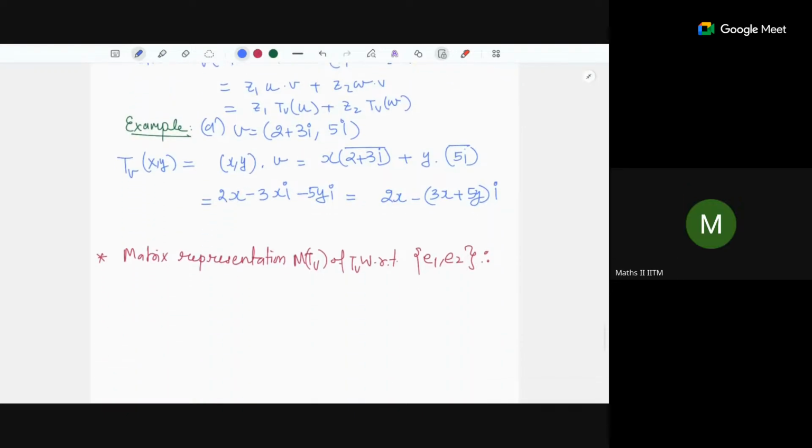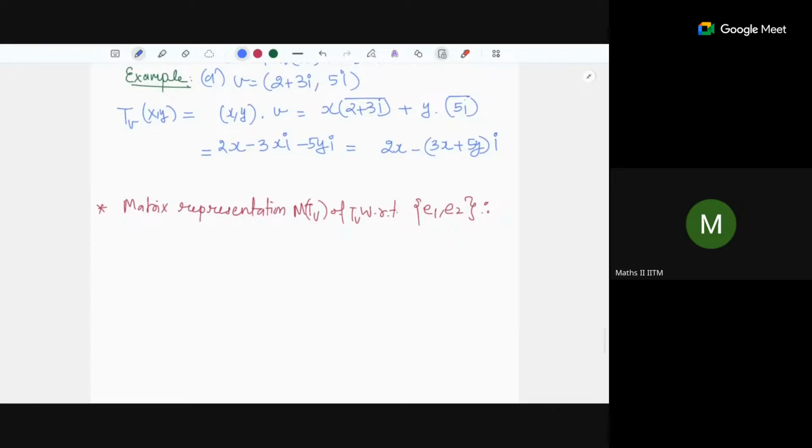All right. Now we have seen that we can represent any linear map by a matrix representation. For that, we need to fix a basis. Once we fix a basis, we can write down a linear transformation with respect to that basis and express it in terms of a matrix. So the same we can do in this case as well.